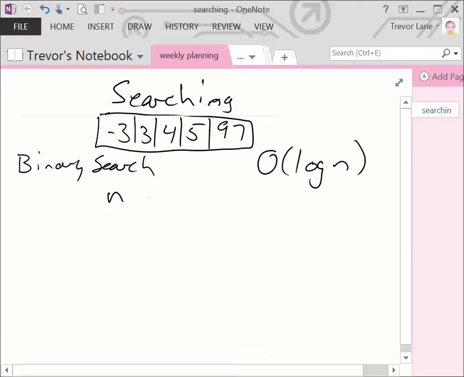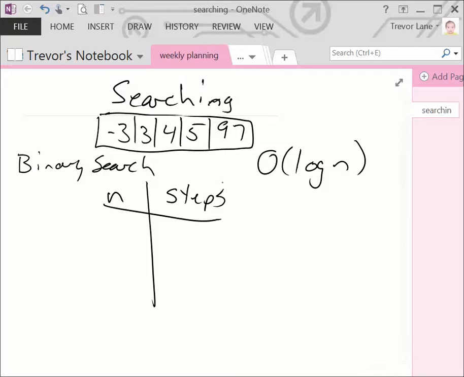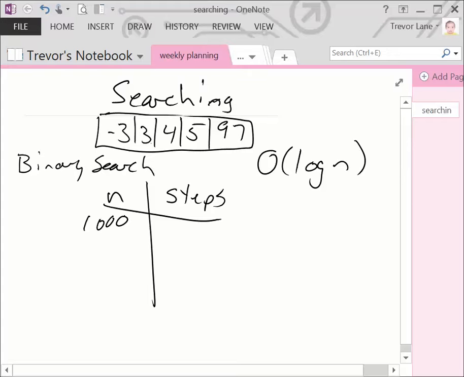So if you think we have a value of n and the number of steps, if n is 1,000, for example, let's calculate this. What we end up with is about 10 comparisons to actually find the value that you're searching for.